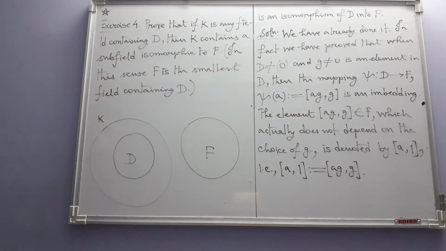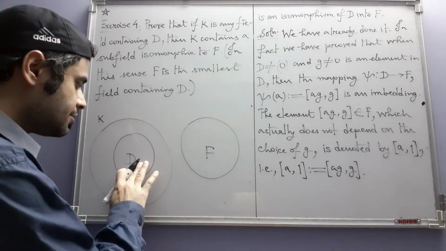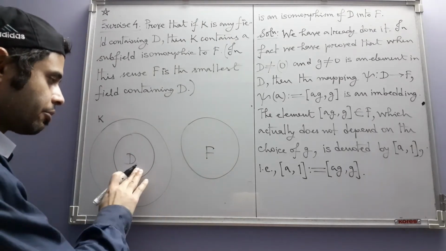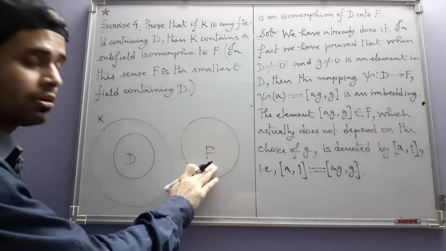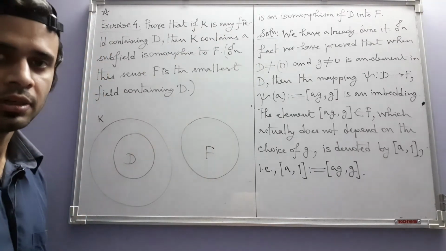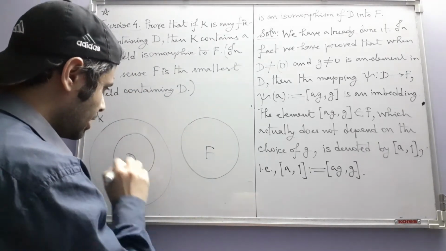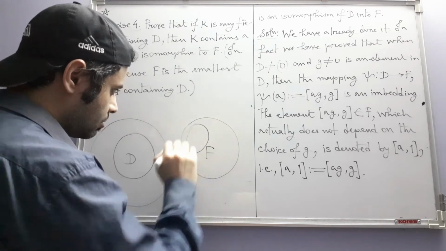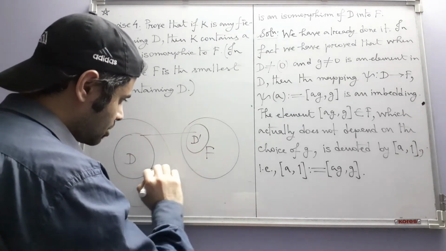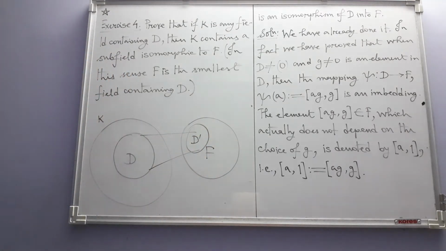Now, as we already know, this D is not necessarily or actually not a subset of F, but rather it can be embedded in F. That's the theorem we have proved in this section. So that means there is a ring which is isomorphic to D, that is a subring of F.